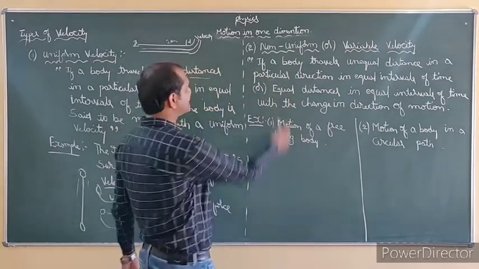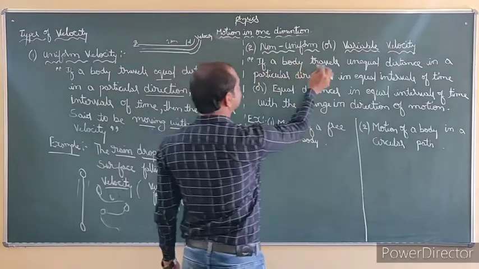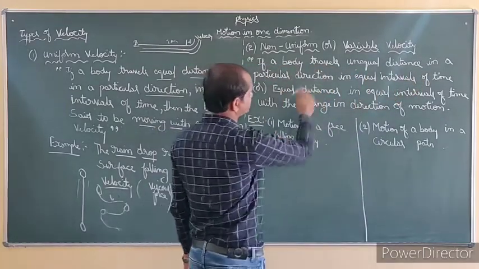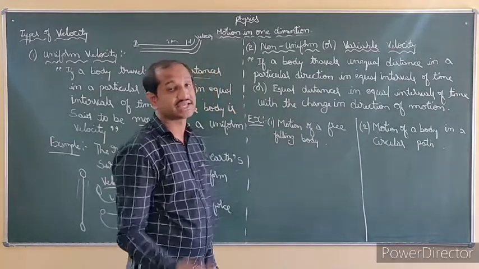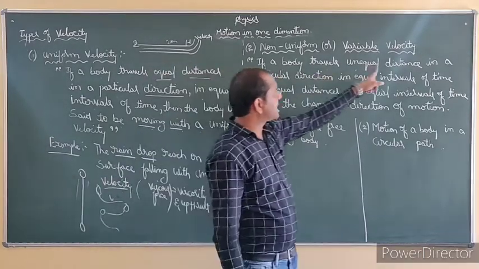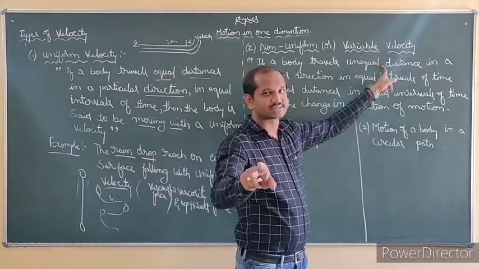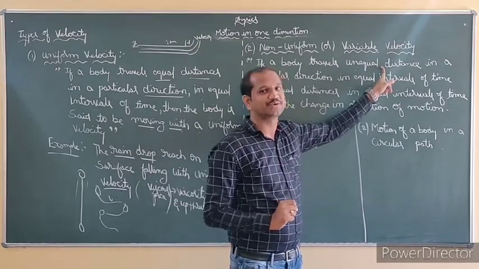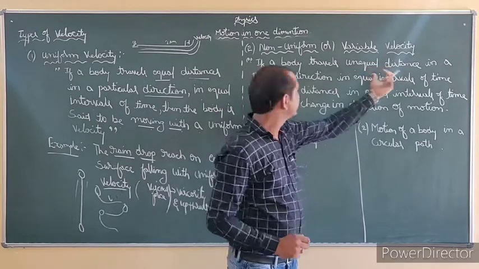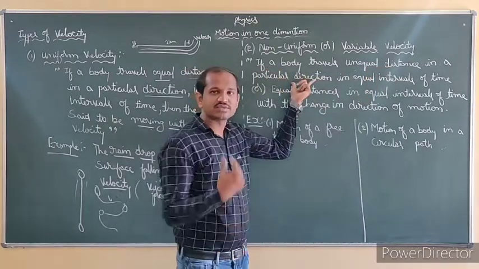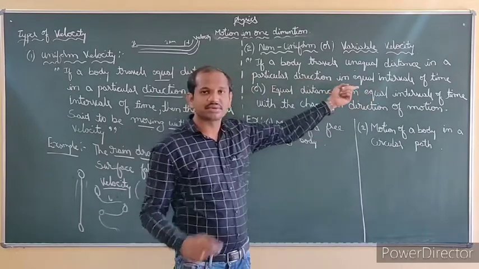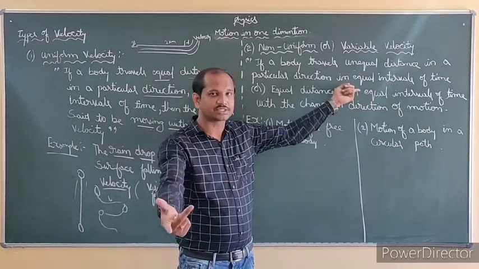Let us go with the definition. If a body travels unequal distances in a particular direction, which was case 2. I have taken 2 cars. One car moved at 50 km per hour, the other car moved at 40 km per hour. So unequal distances in a particular direction, which was east, in equal intervals of time. Obviously 2 hours, I kept the time constant.